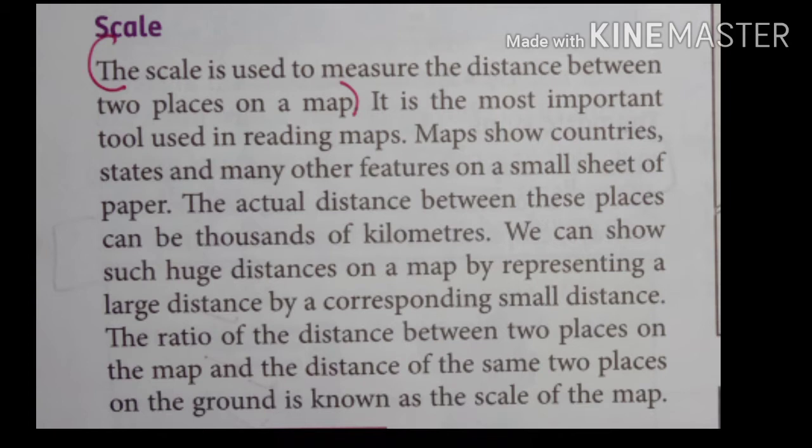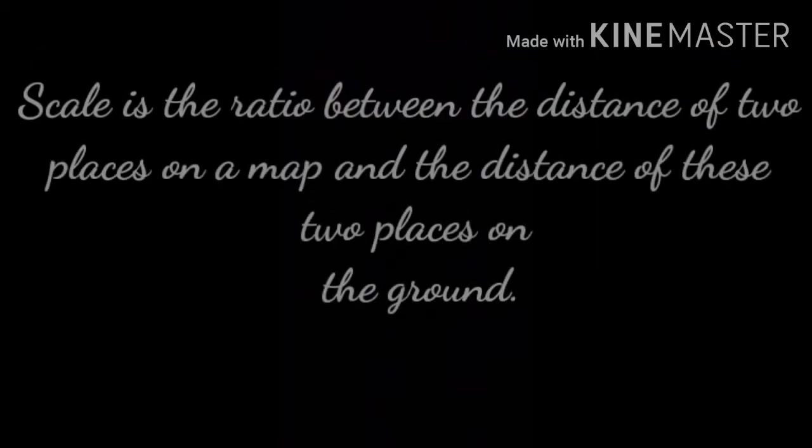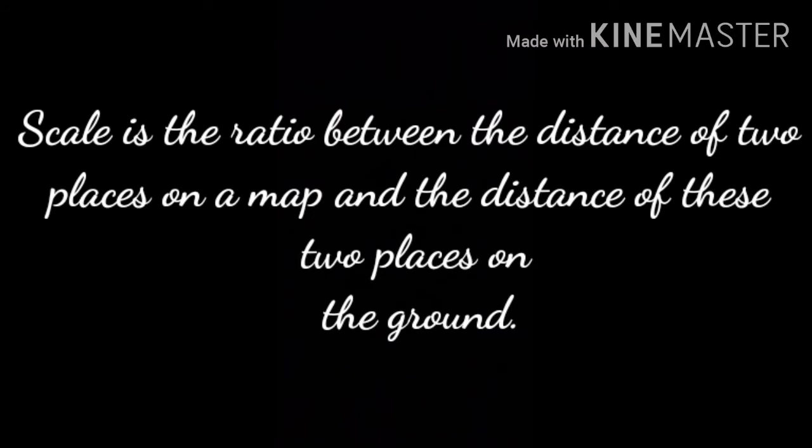Okay, so the ratio of the distance between two places on the map and the distance of the same two places on the ground is known as the scale of the map. What is the scale? Scale is actually the ratio between the distance of the same two places. दो जगह का distance map पे और ground पे same दो जगह का distance, उन दोनों का ratio लोगे तो आपको जो मिलेगा वो कहते हैं scale of the map.